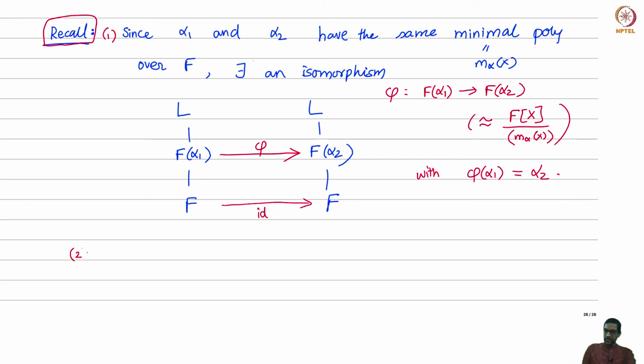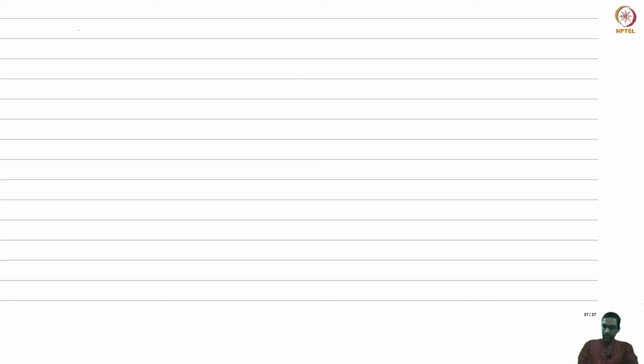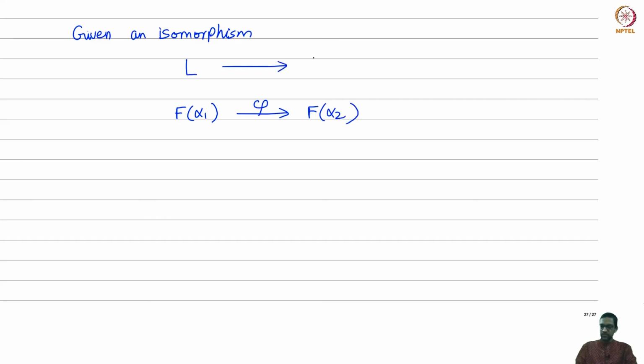Now, the second statement: given an isomorphism from one field to another, in this case F(alpha 1) to F(alpha 2), so I am given an isomorphism of fields, then it extends to an isomorphism of their algebraic closures. Now in this case L is the algebraic closure of both F(alpha 1) and F(alpha 2).